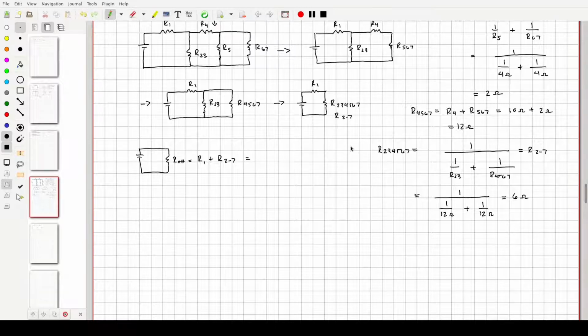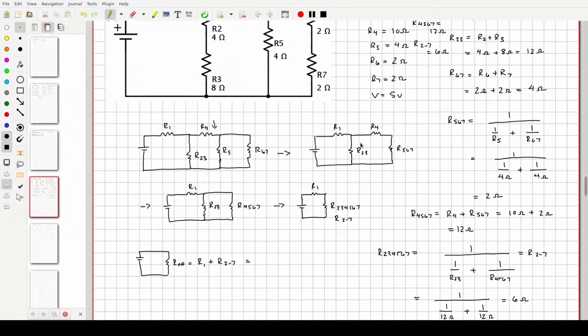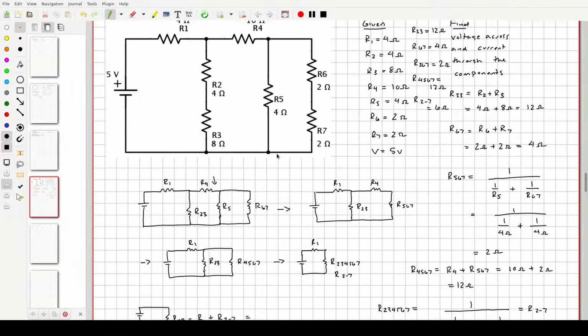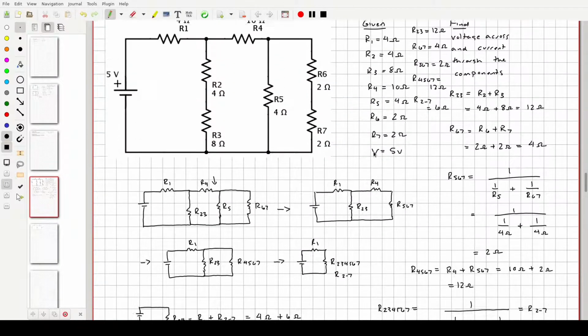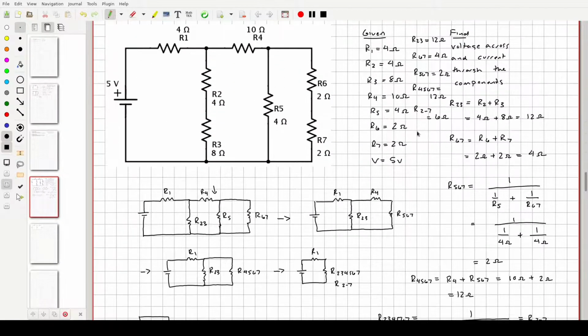You just add them together. So R1 was 4 ohms. R2 through 7 is 6 ohms. And that's 10 ohms. So we've reduced this thing entirely.